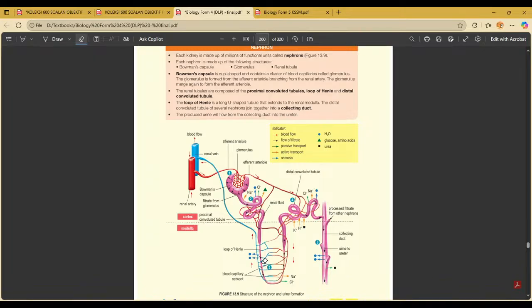Loop of Henle is this big loop over here. The proximal convoluted tube is this confusing skinny thing, and the distal convoluted tube is after the loop of Henle.